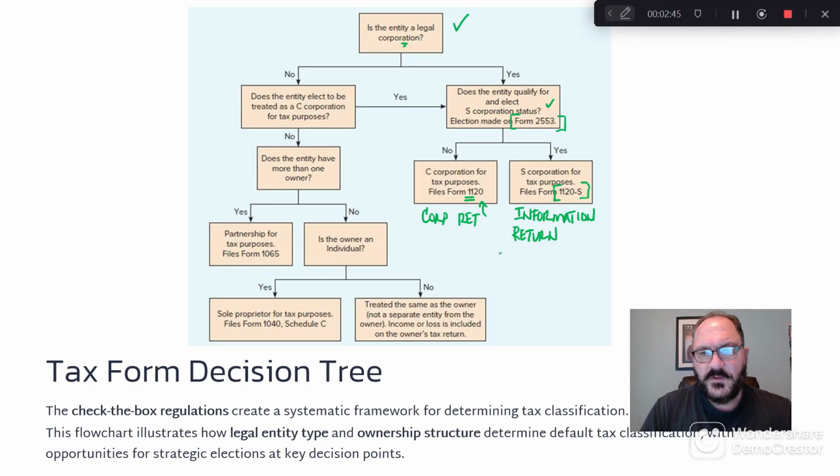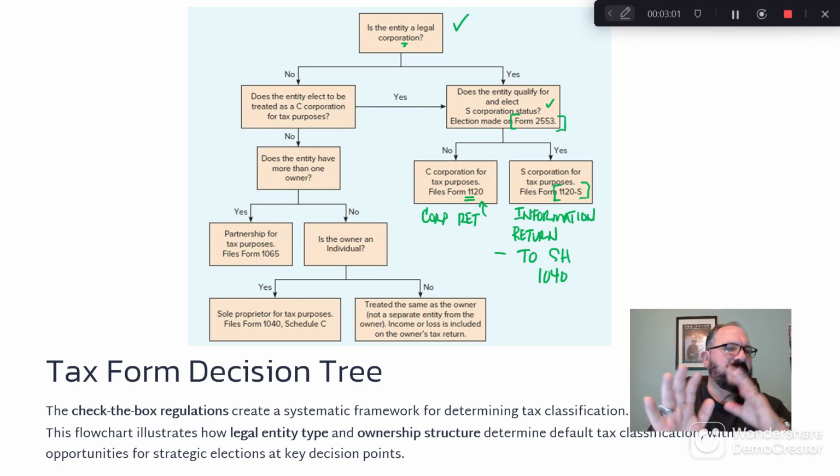And the info goes to the individual's 1040 or the shareholders' 1040. So a subchapter S corporation does not pay its own tax like a C corporation does. It doesn't have separate tax. That document tells you, they issue something called a K1, and that tells you how much is going to wind up going over to your taxes. So it winds up going over to the shareholders.